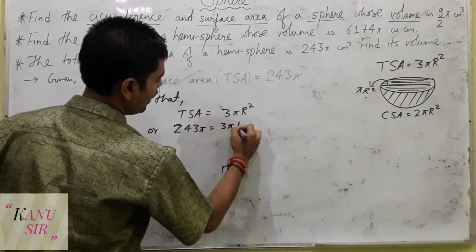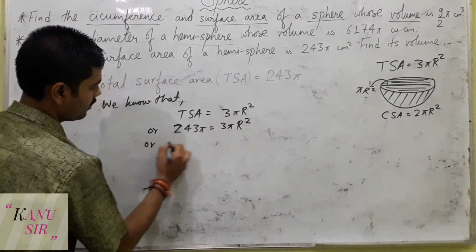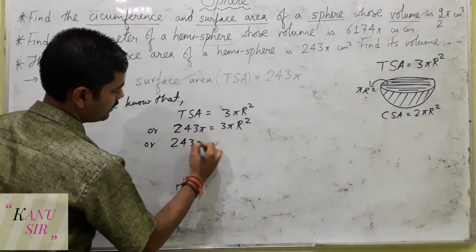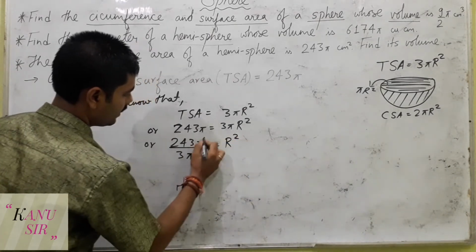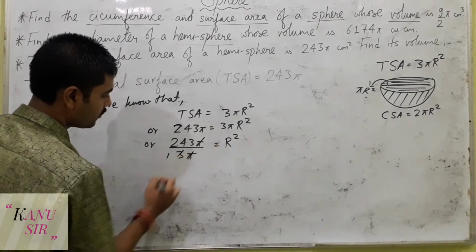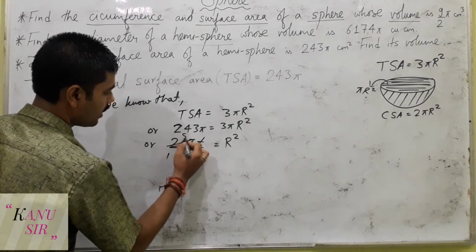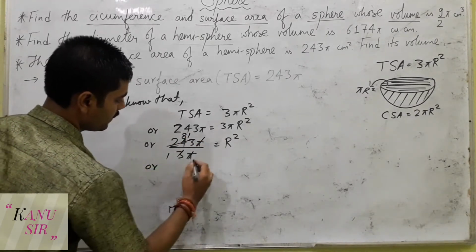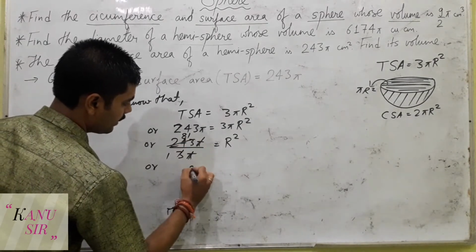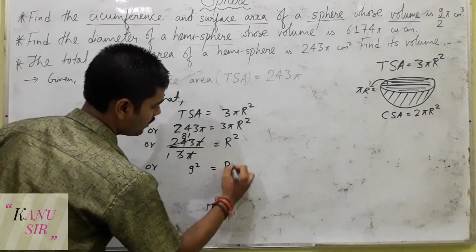Now 243 pi divided by 3 pi equals r square. You can divide pi from both sides. 3 times 1, 3 times 8 is 24, 3 times 1 is 3, and the 81 looks like 9 square is r square.